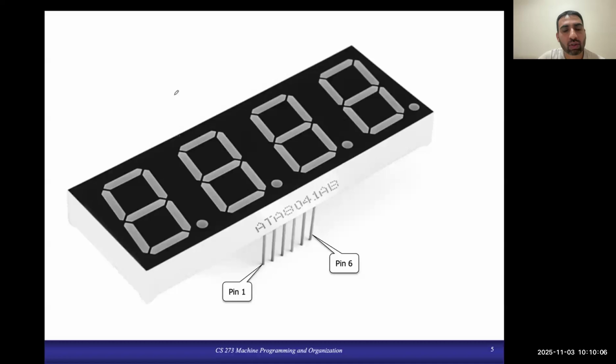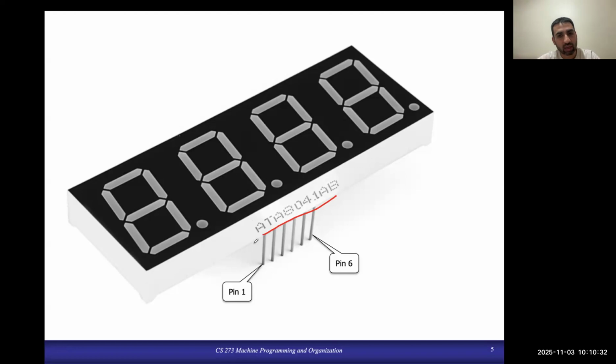Now when you look at your seven segment display, how can you figure out which pin is pin number 1 and which pin is pin number 6? What you can do is hold your seven segment display facing yourself, such that the name of the item can be read in the proper way, for example ATA804114.